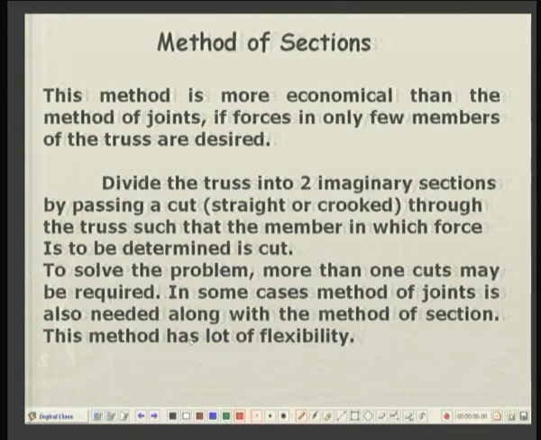If it is to be done for all the members, then perhaps the method of joints is easier, but when you want to determine the forces in only a few of the members, then why take all this trouble of solving for each and every joint? You can do it by the method of sections.